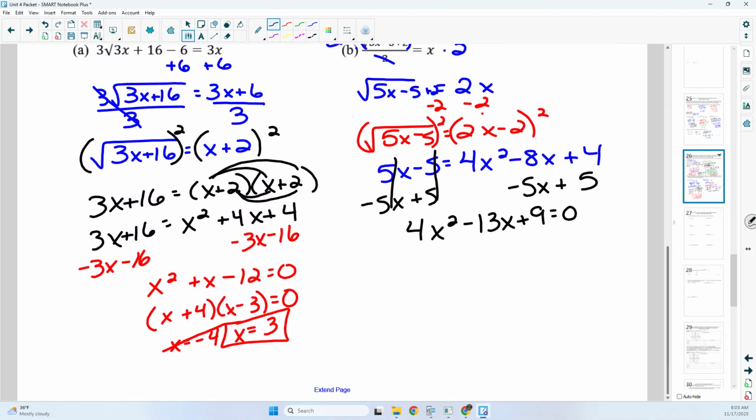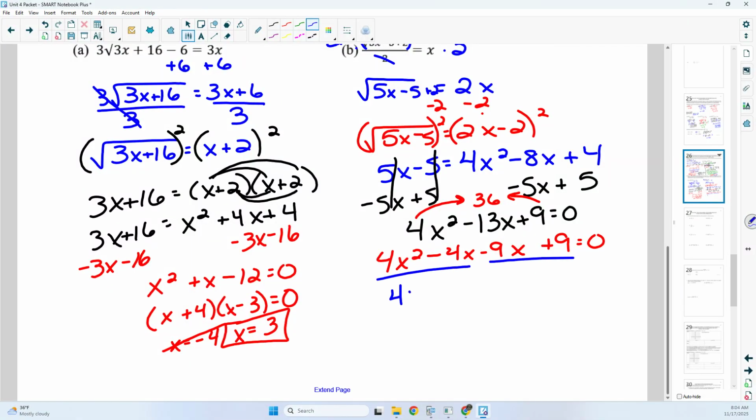So we have another AC grouping here. Numbers that multiply to 36 and add up to negative 13 are negative 4 and negative 9. So I split the middle, go into my grouping step.